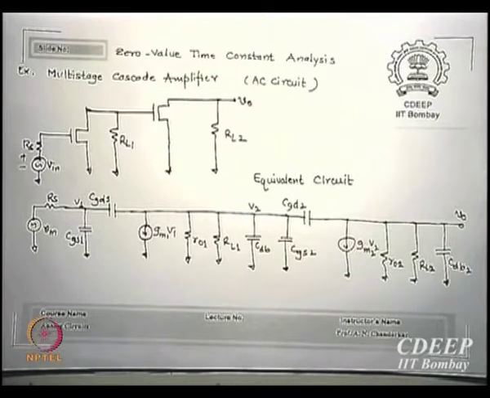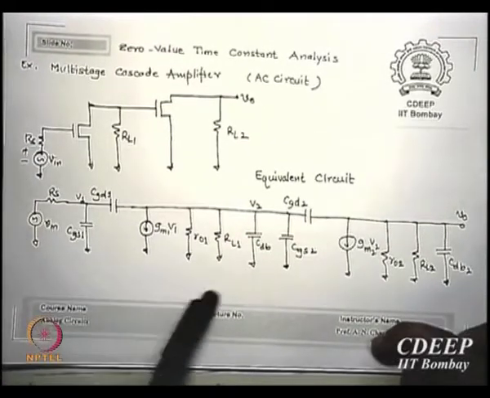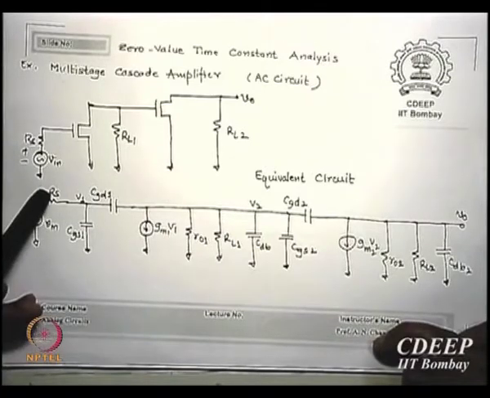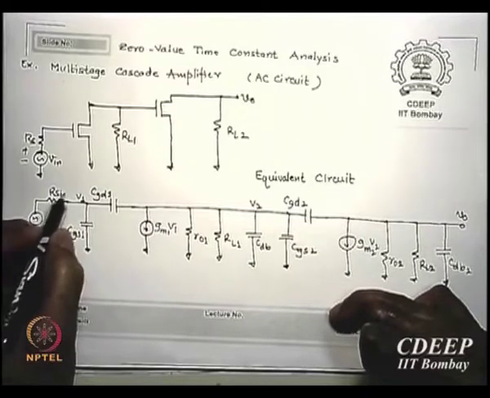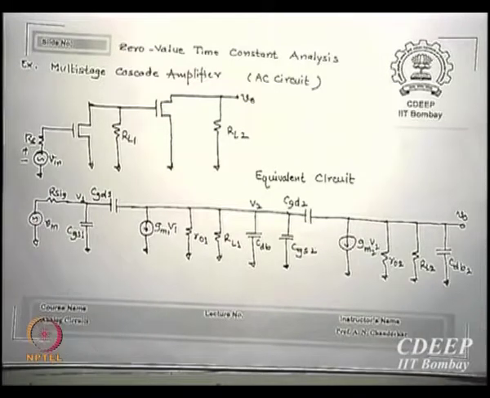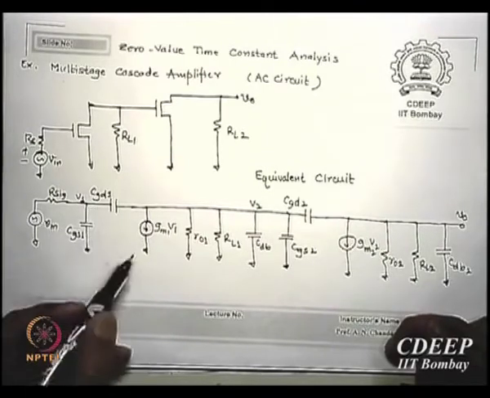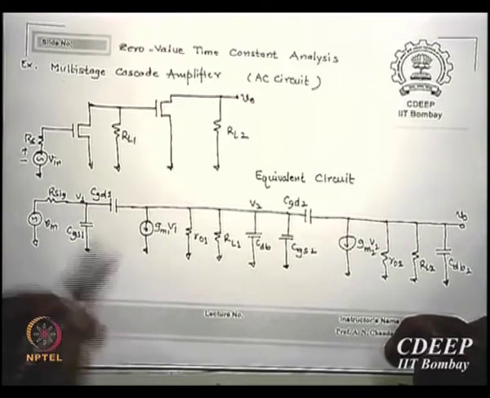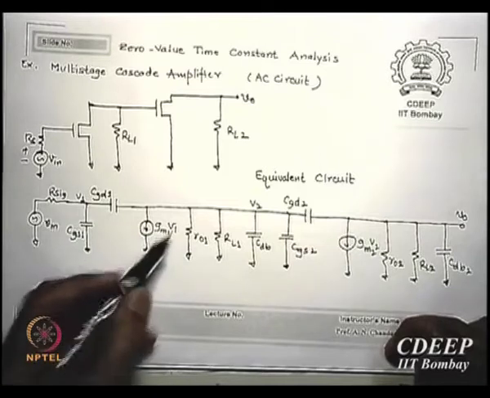Okay, if I have this circuit, look at it: the first stage can be represented equivalently with a series resistance, R signal. Then there is CGS1, CGD1, then the current source at the output, gm V1, where V1 is the voltage here, which is essentially VGS.